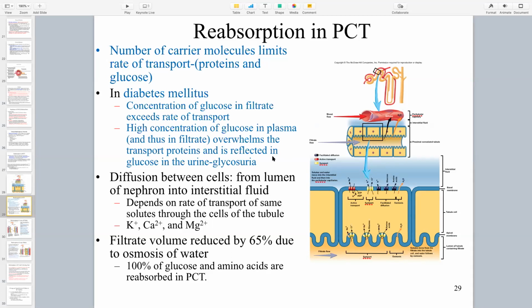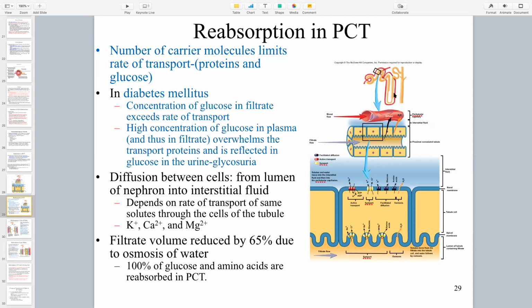The polyuria is caused by the glycosuria because of the increased presence of glucose. The solute levels should be pretty low as we go through. What we're going to see is it's higher than normal because there's so much glucose in the filtrate.